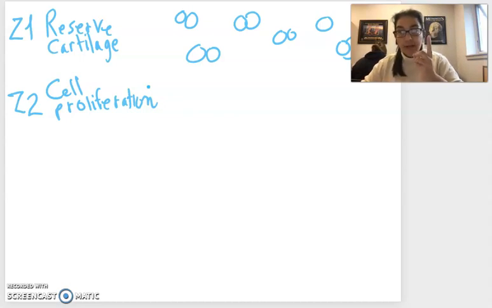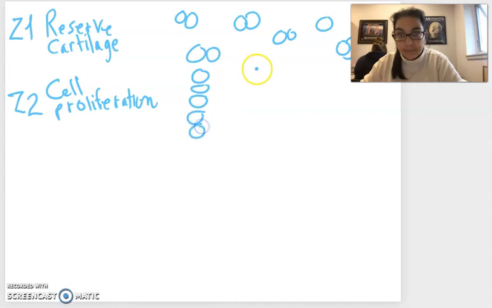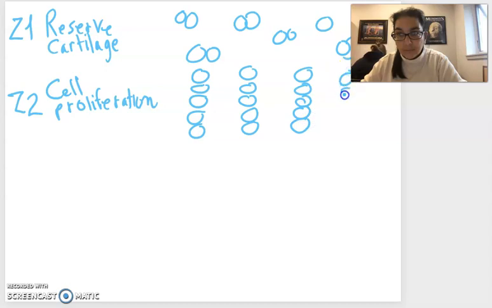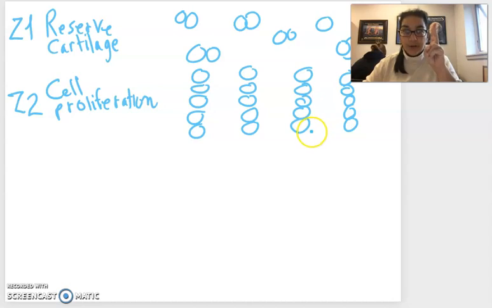So cells multiply and arrange in columns. So I'm going to draw columns of cells over here. So remember, multiplication of cells and the lining up into columns. Two things are happening. Proliferation, which is the number of cells increasing, and also lining up into columns.